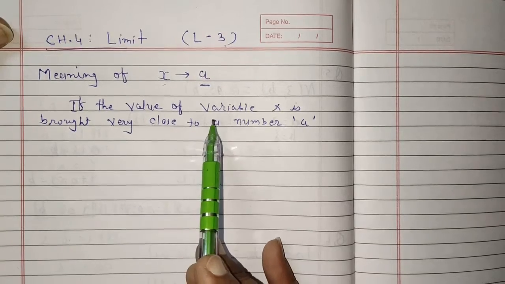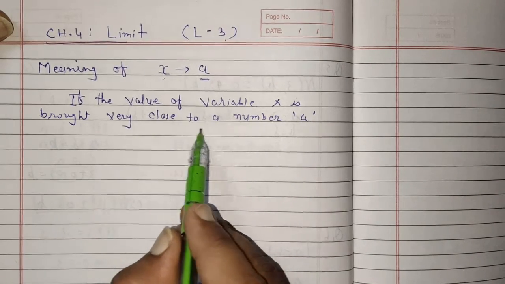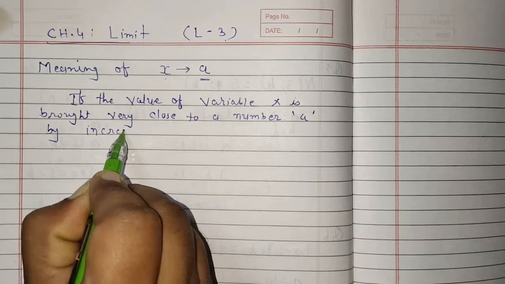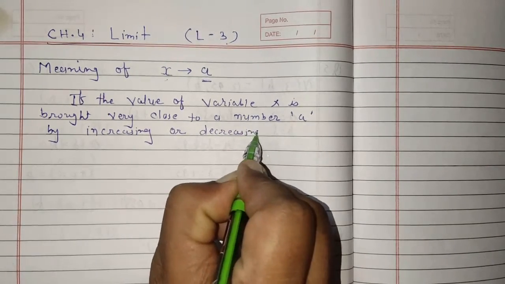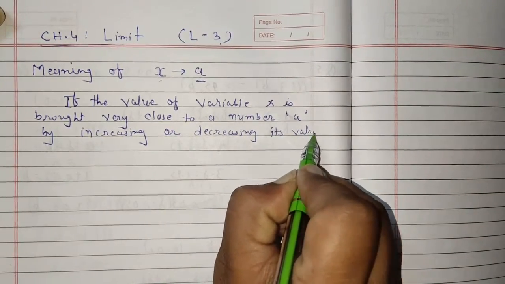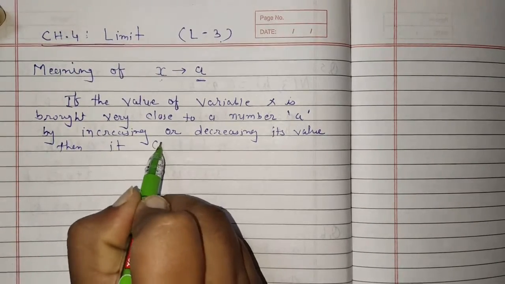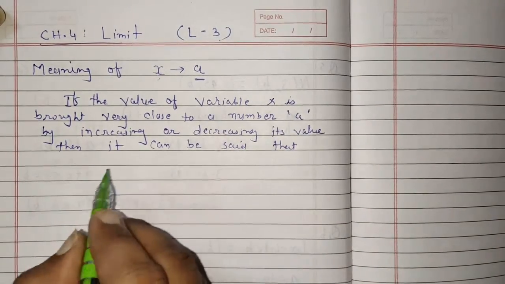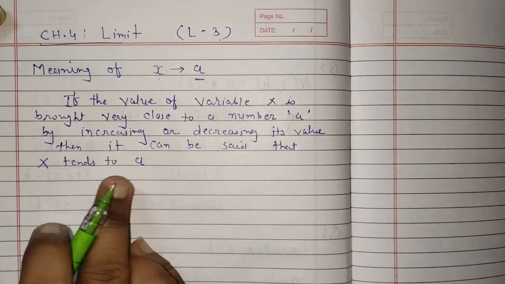Again, if the value of variable x, that means the values of x, putting the value one by one, the variable x is brought very close to a number a by increasing or decreasing its value, then it can be said that x tends to a, meaning x is going nearer to a.